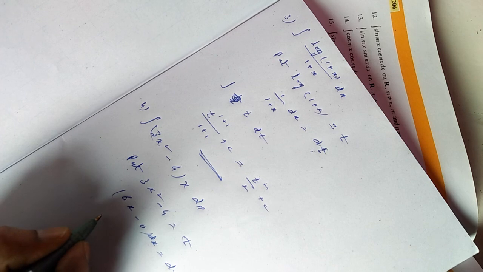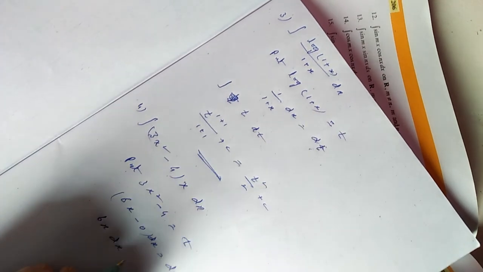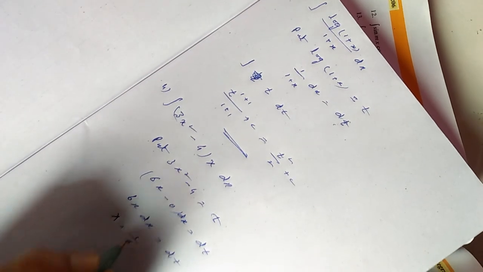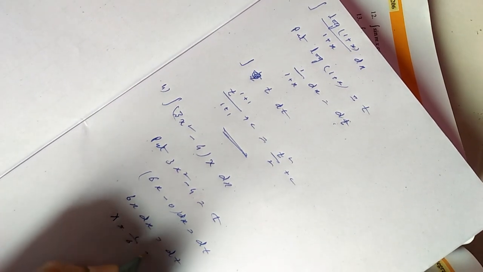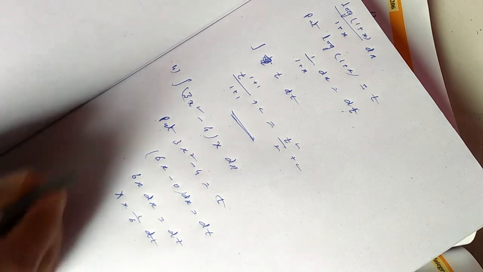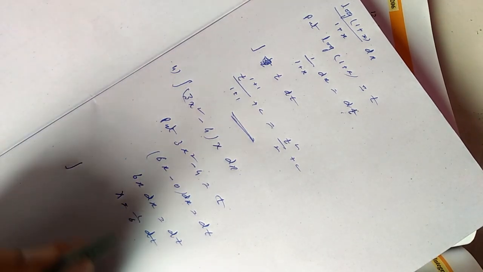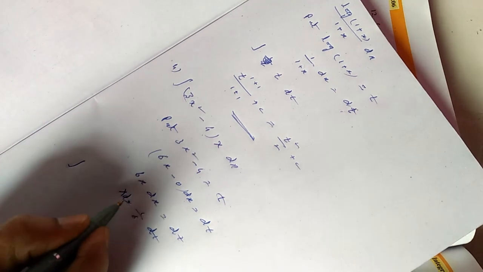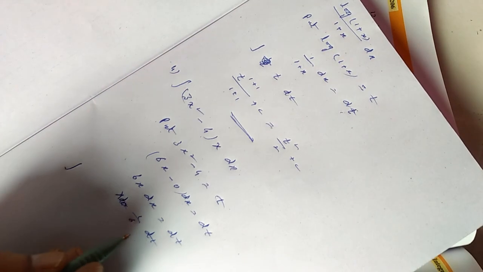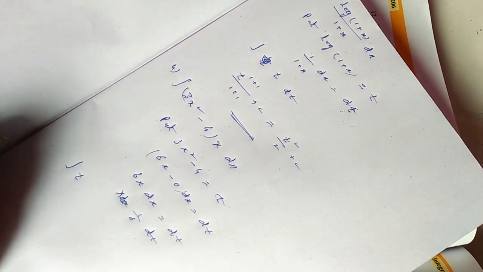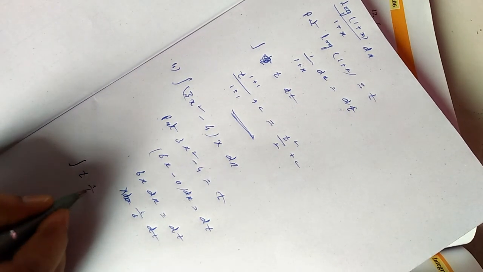That means 6x dx is equal to dt, that means x dx is equal to 1 by 6 dt. So we can write the integration, x dx means 1 by 6 dt.